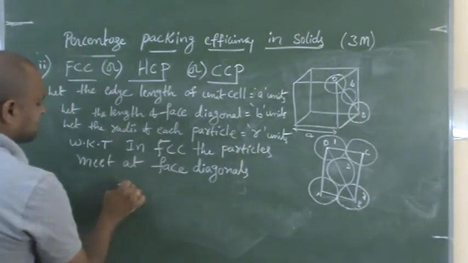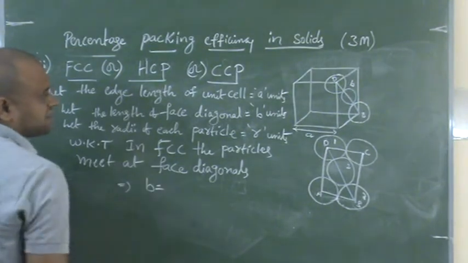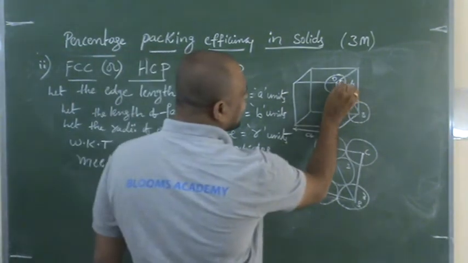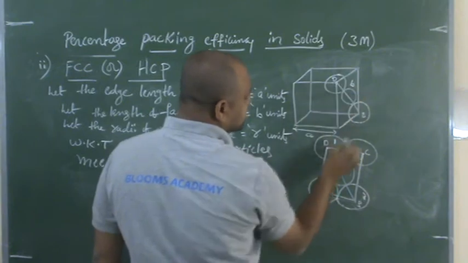That implies b is equal to, see here, from here to here it is r, right?